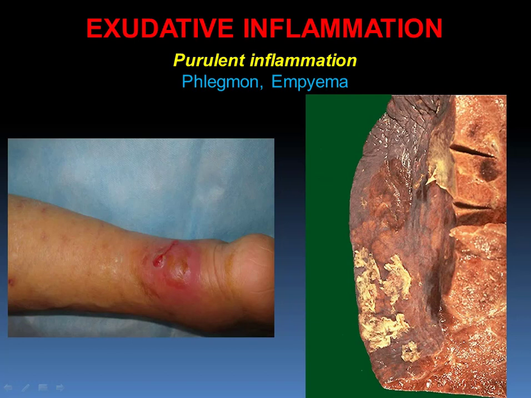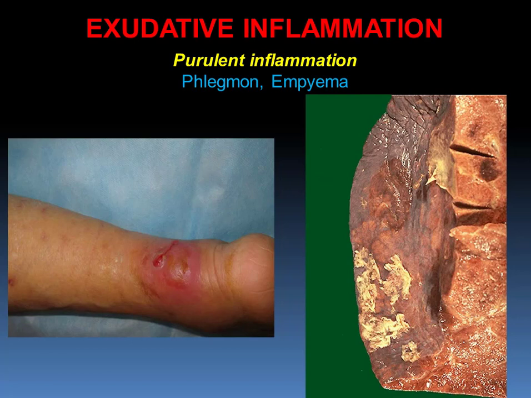Outcomes and complications of purulent inflammation are usually severe. Complete regeneration with formation of the same tissue which was before damage is impossible. That's why purulent inflammation is usually accompanied by scarring. Scarring can be considered a partially favorable outcome.